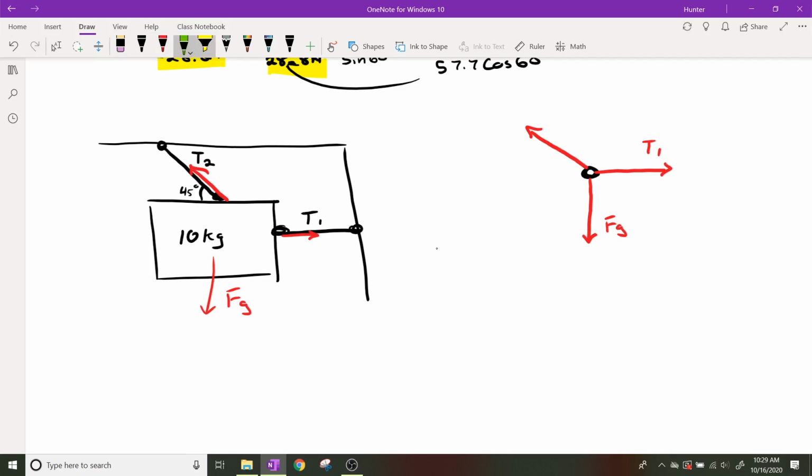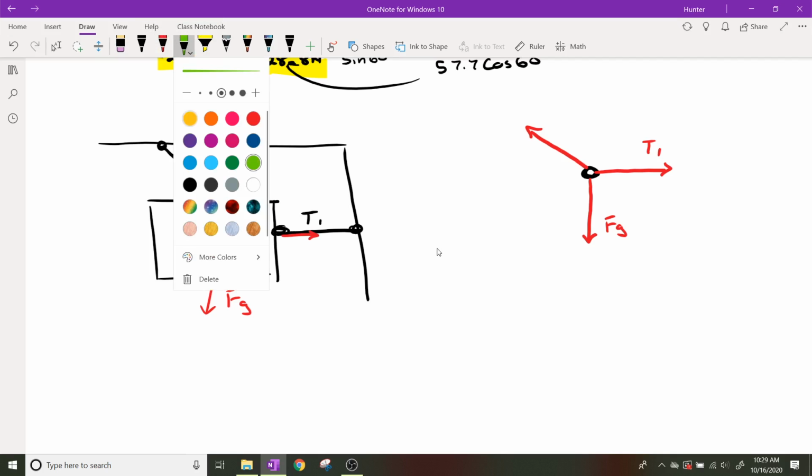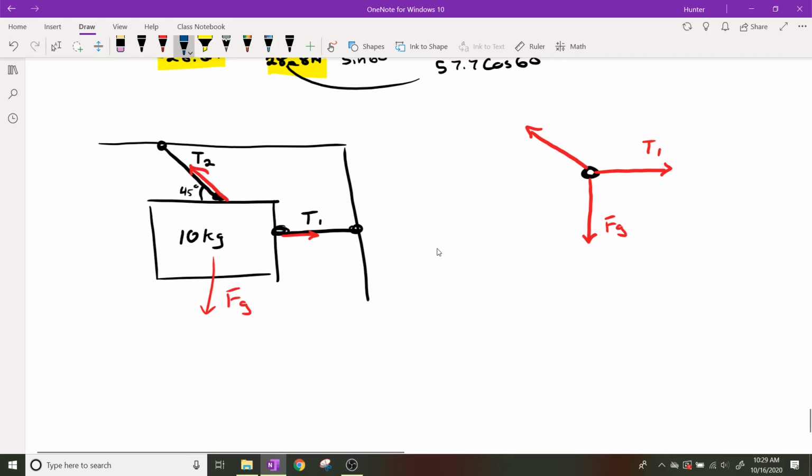I'll let you pick the color. How about blue? Rainbow components hurt my feelings. Okay, we got red and blue, and this T2 is going to be broken up into components.